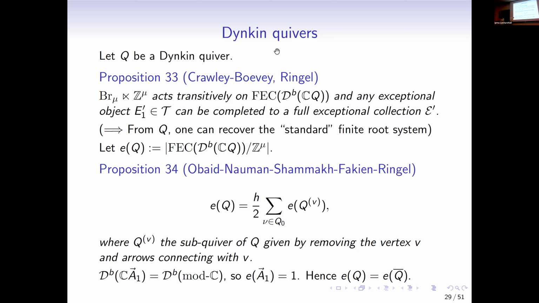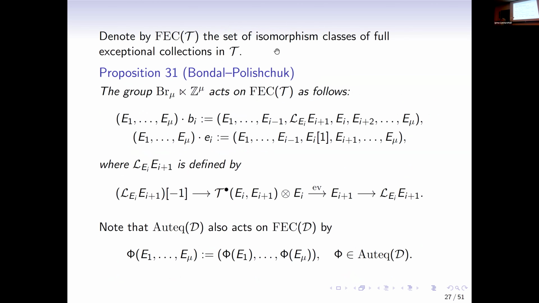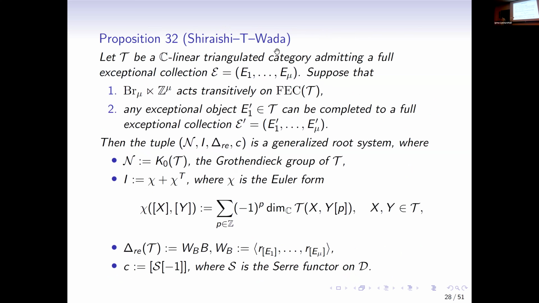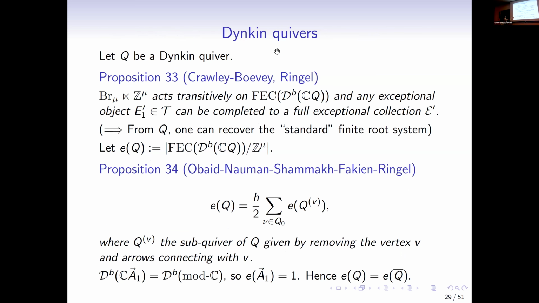I think it is the number of exceptional collections up to shifts of the objects, right? Yes. So therefore, in this case, it's nothing but the set of free exceptional collections in the module category.